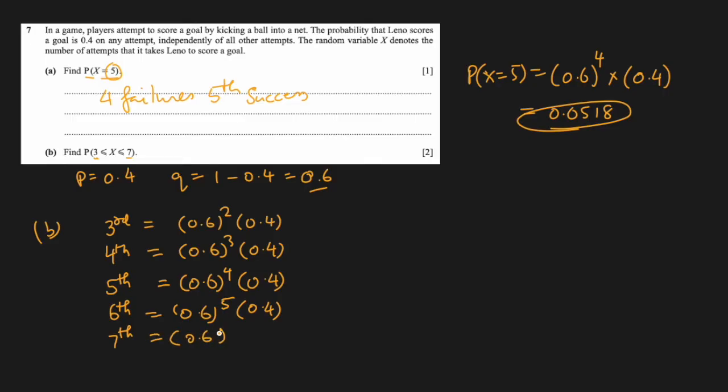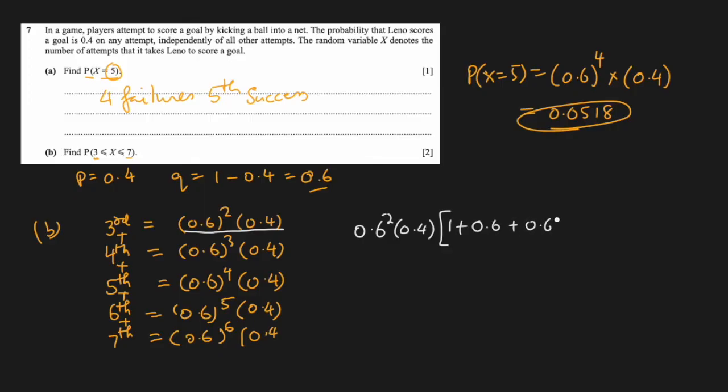If I have to add them, I will take 0.4 and 0.6 square common, because it will happen either this or this or this or this, so I have to add all these probabilities. So I'll take 0.6 square times 0.4 as common. Because the whole of it is taken common, I'll write 1 for this. For this we have 0.6 extra, so I'll write 0.6 here.